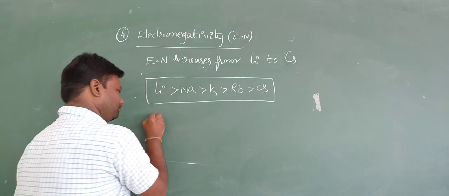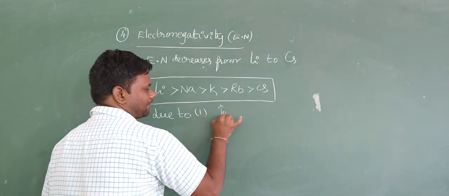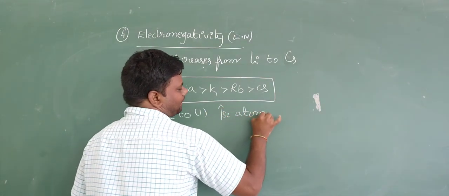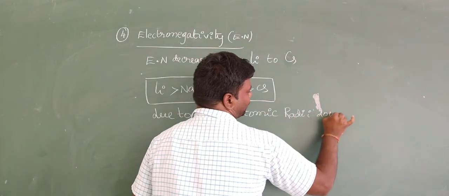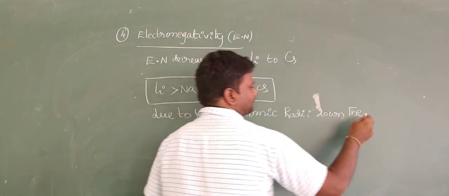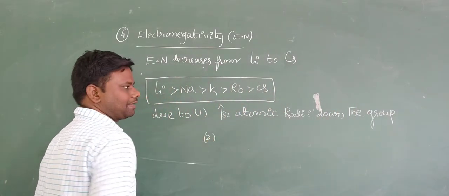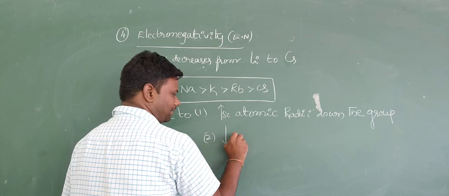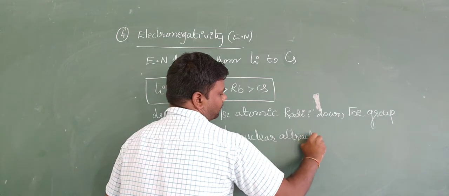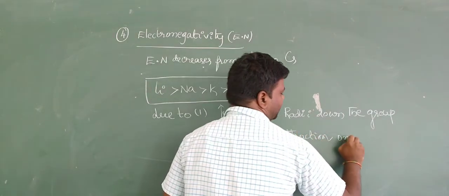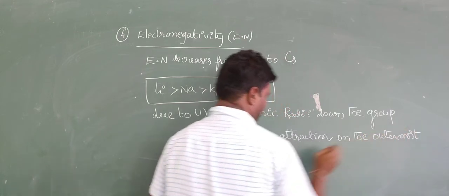Because of, first reason, increase in atomic radii down the group. Second reason is decrease in nuclear attraction on the outermost orbit.